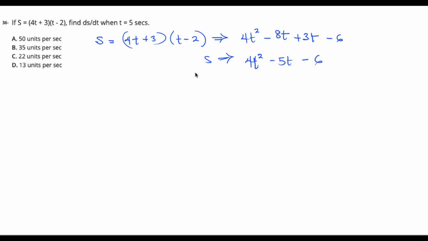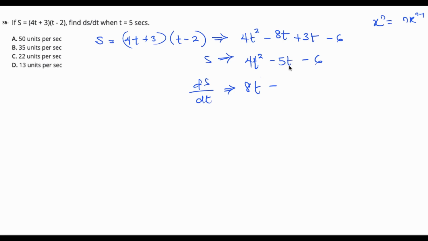So if we find the derivative of s, don't forget how we derive our derivative. If we have x raised to power n, we have n x raised to power n minus 1. So this is going to be equal to 2 multiplied by 4 is 8, and t to the 2 minus 1 is equal to 1, so that's 8t.